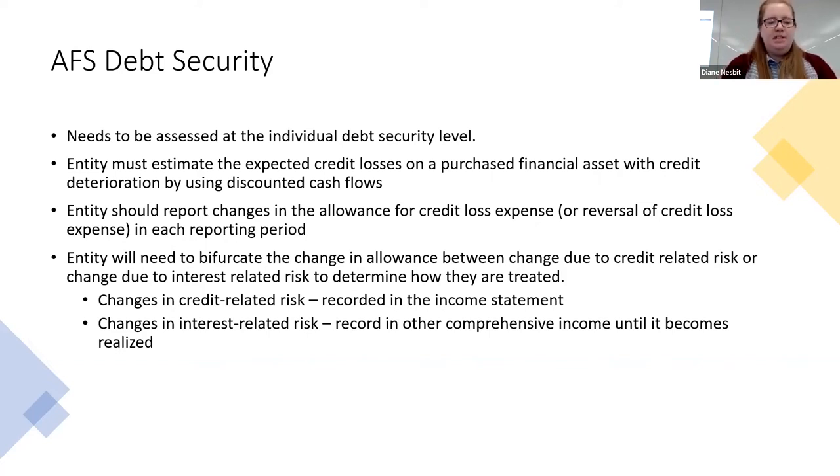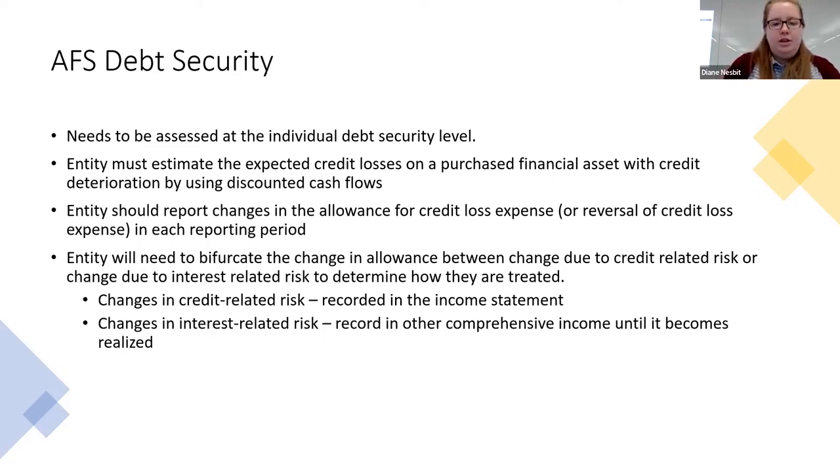So the biggest piece is this last bullet point: that historical change when you've marked something to market. You now have to evaluate whether that change, if it's impaired, I should clarify, is due to credit risk or interest risk. And as you can see here, the treatment is different: if it's credit related, it runs through the income statement.